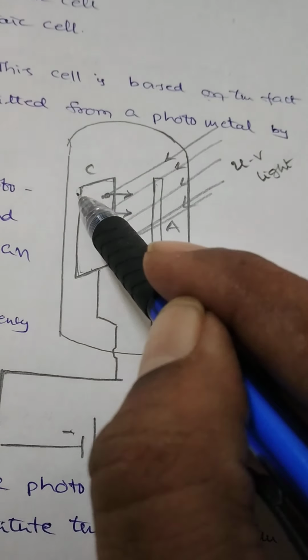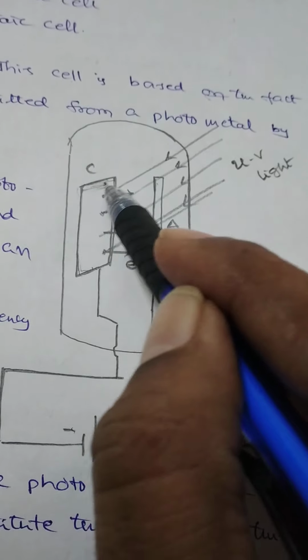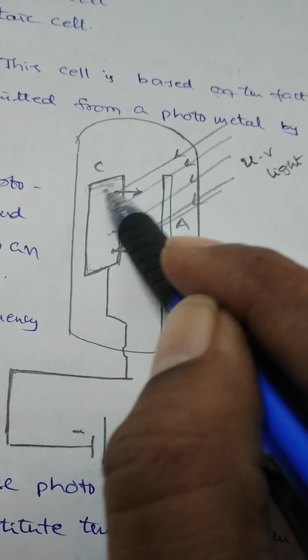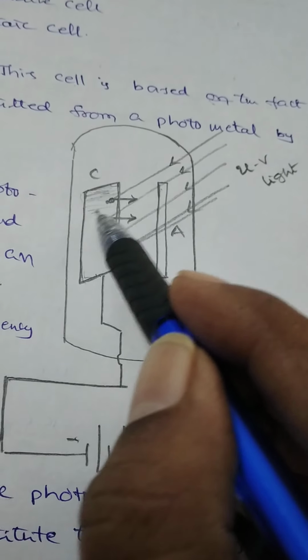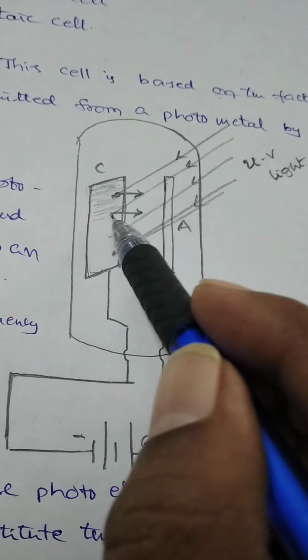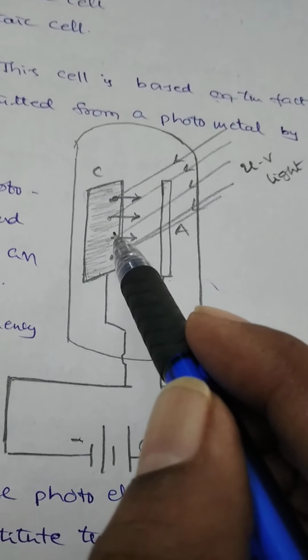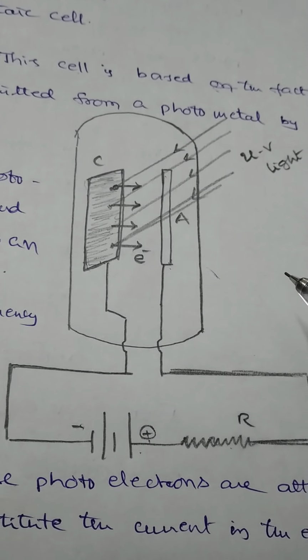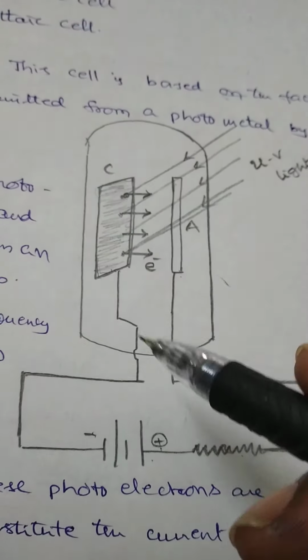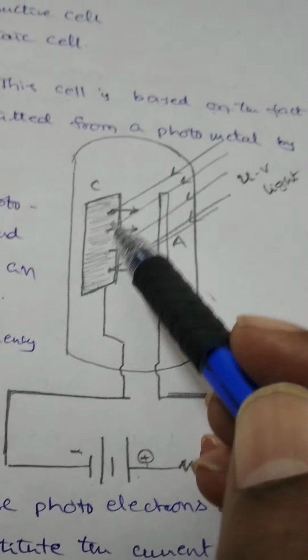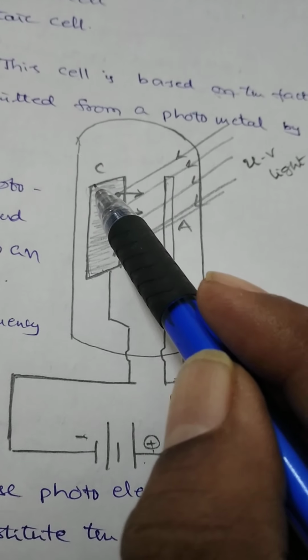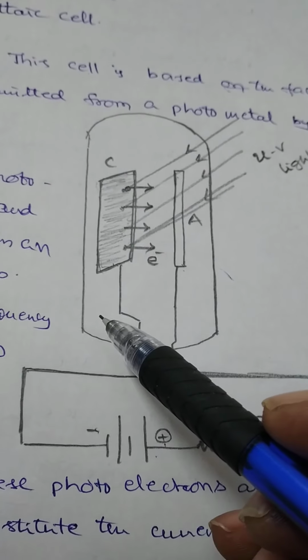Again, on the plate C, a photoelectric material is compulsory. This is the photoelectric substance which is coated on the plate C, a material like sodium, potassium and so on. Suppose some sodium metal is coated on the plate C.